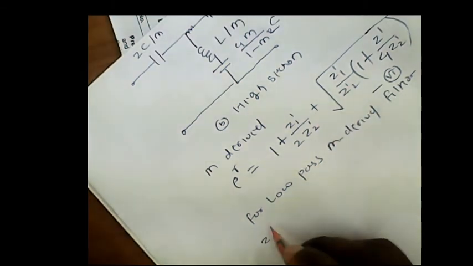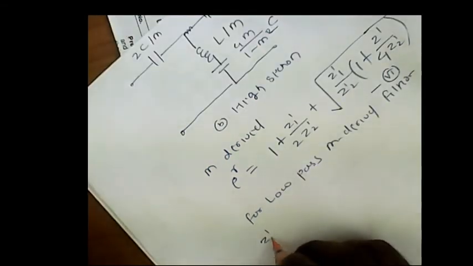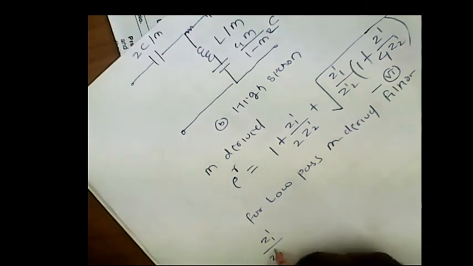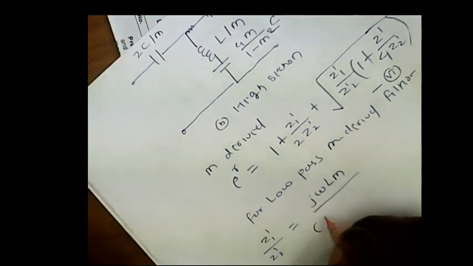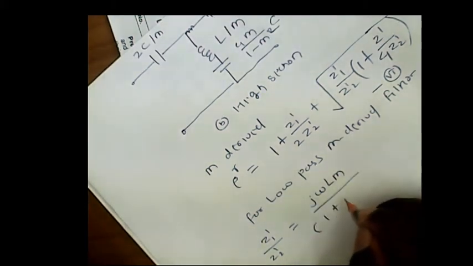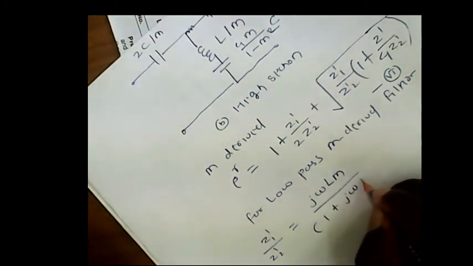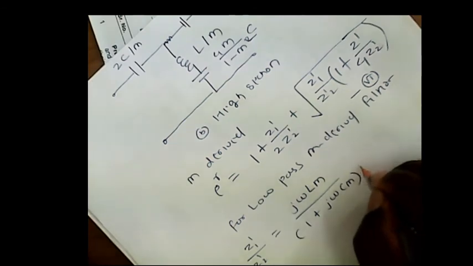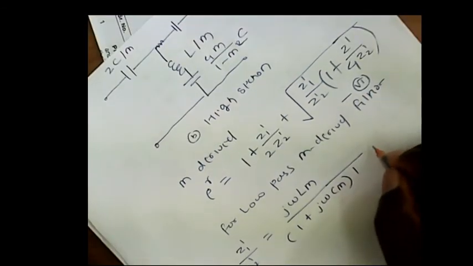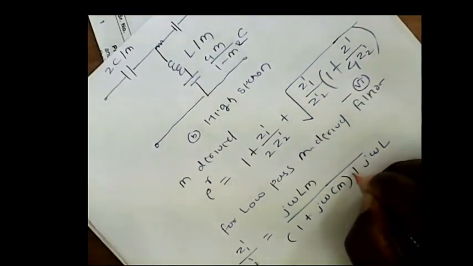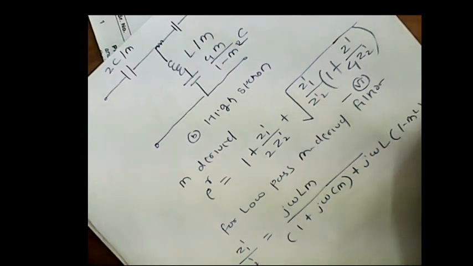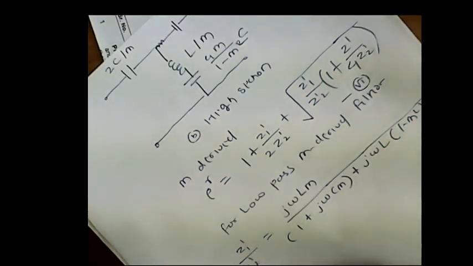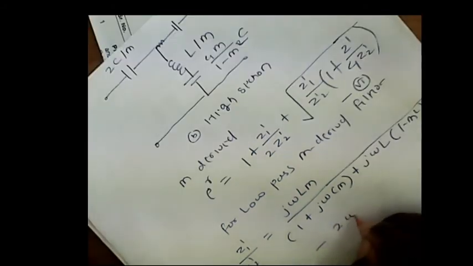For the propagation constant, we can find the values of Z1 dash and Z2 dash. From equations 4 and 5, we put the values of Z1 dash and Z2 dash, so we can get j omega L m divided by 1 upon j omega C m plus j omega L (1 minus m square) divided by 4m.